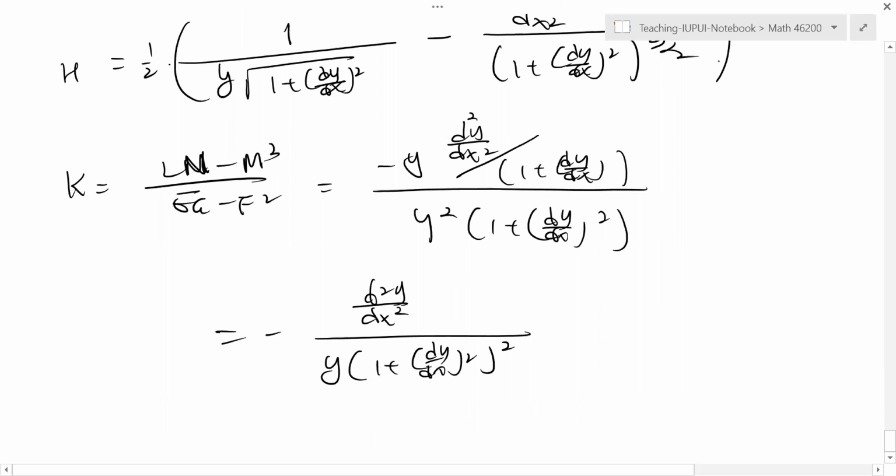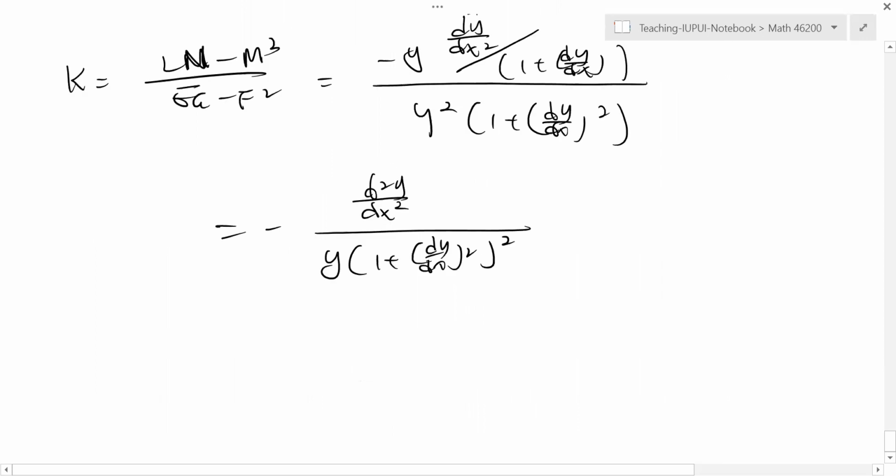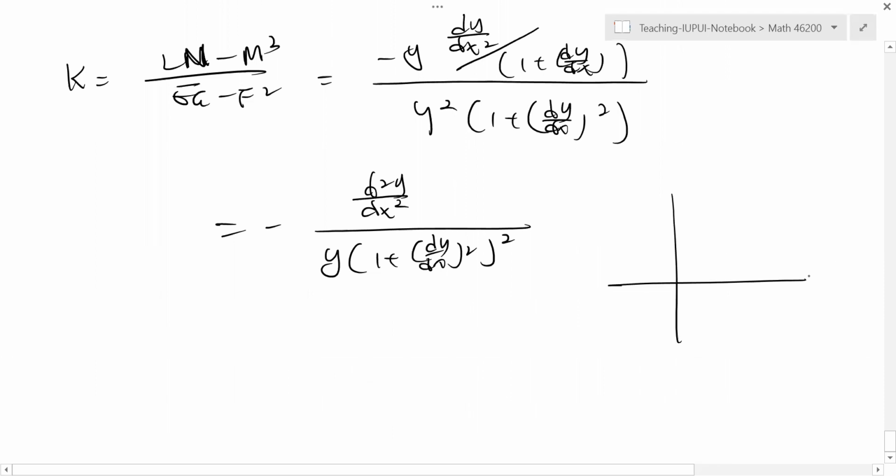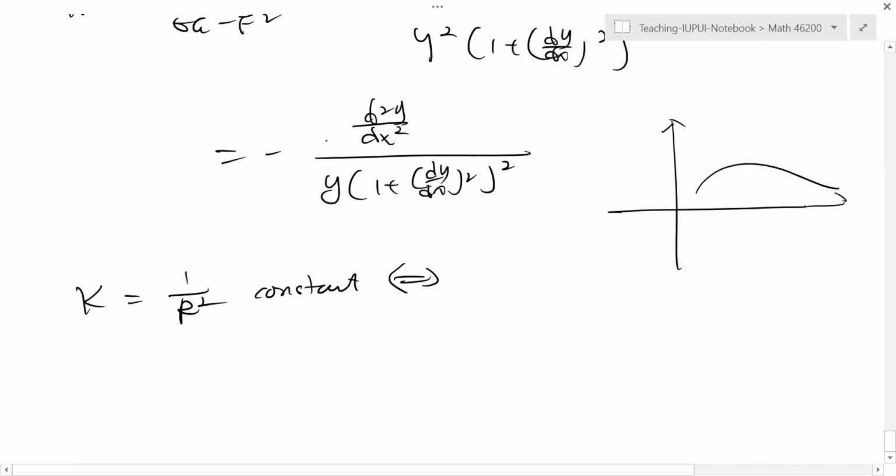So to construct the surface of constant Gaussian curvature, this is the surface of revolution, right? Okay, so K equals a positive constant if and only if this equation, y times d squared y dx squared, equals negative 1 over r squared.